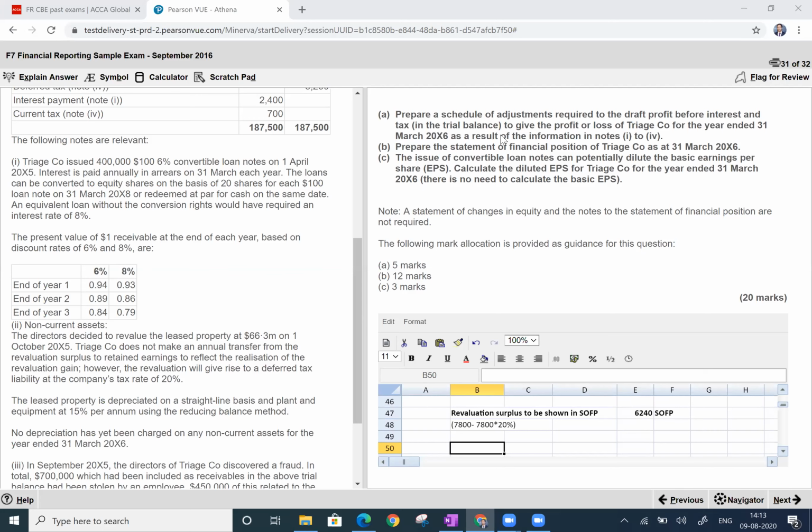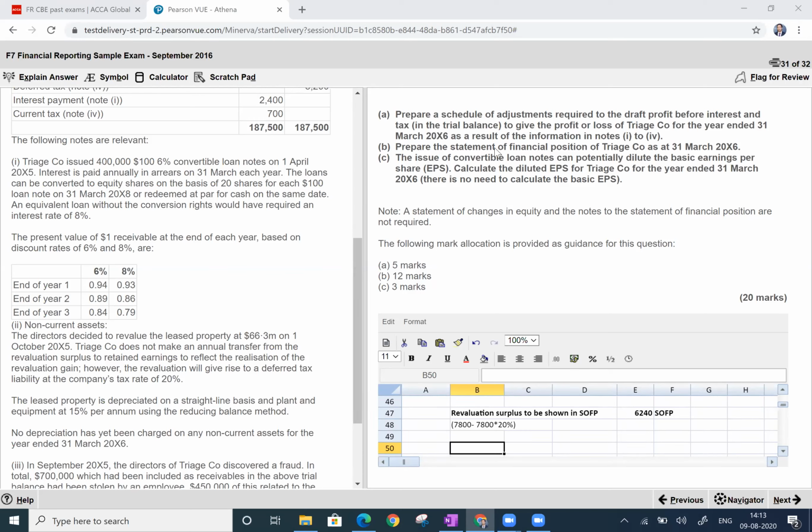I hope you have not missed the Accounting Standard 12 income tax class. We have already done that. Deferred tax you have to reduce from a revaluation surplus. We have already learned it during our IAS 12 income tax. If you have not attended, I will suggest you please attend the revision class. We'll be practicing those income tax questions once again.